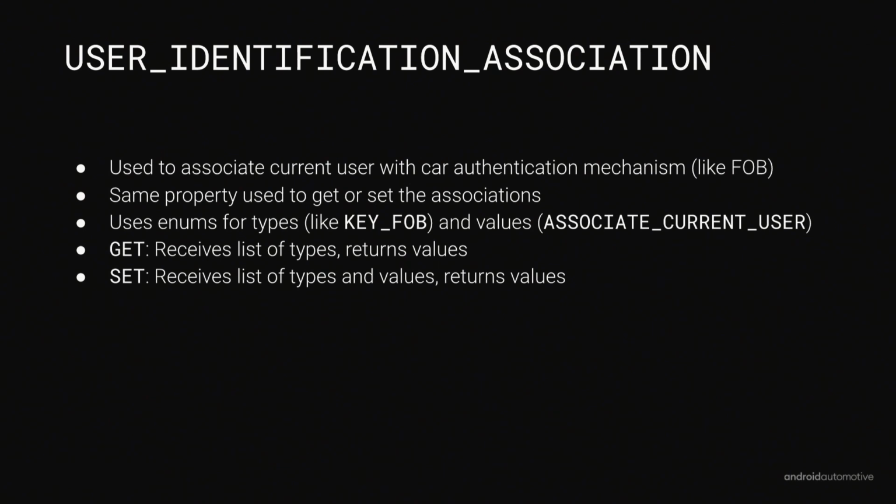So you could use a custom value as a form of identifying the users. So that's what we call the type. And then the value is going to be either associate or disassociate, or in some cases like disassociate all users. So this is a slightly simpler property, so we don't have an example here, but I will mention it later, again, when we talk about the APIs that use it.